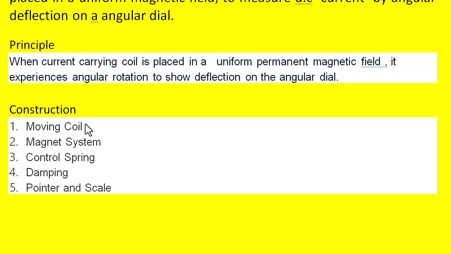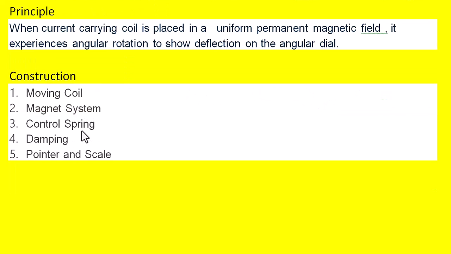Next, construction. The construction of the permanent magnet moving coil instrument can be explained by 5 points, that is moving coil, magnet system, control spring, damping, pointer and scale.